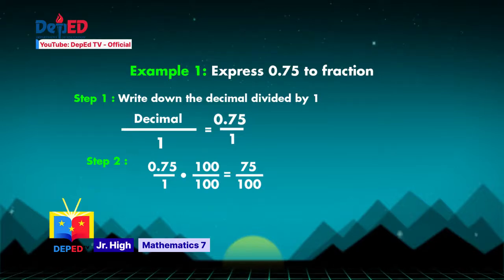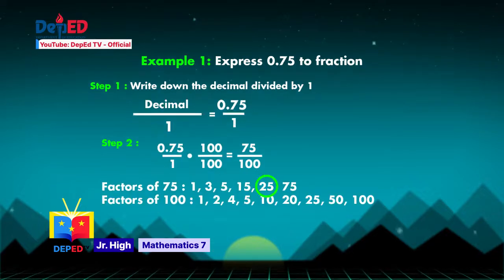Now, let us try to simplify the fraction. How? We will be only simplifying 75 over 100 with ease if we know what the GCF of 75 and 100 is. So, what is the GCF of the given numbers? 25. Very good!